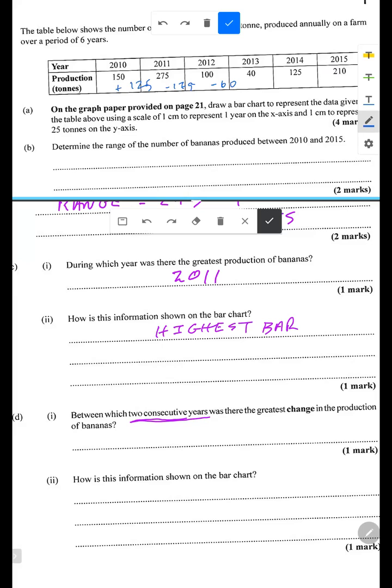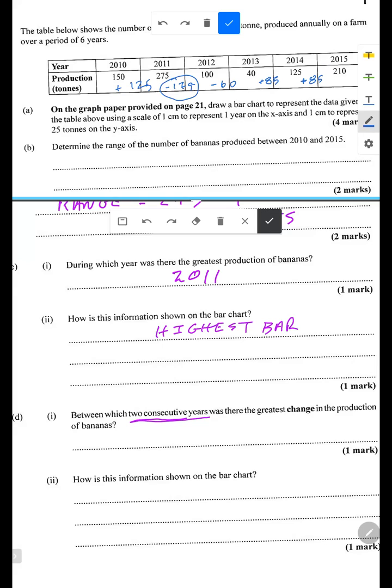And then this one now is a plus 85. And then the last one is a plus 85 again. Another plus 85. All right, so the biggest change is right here.